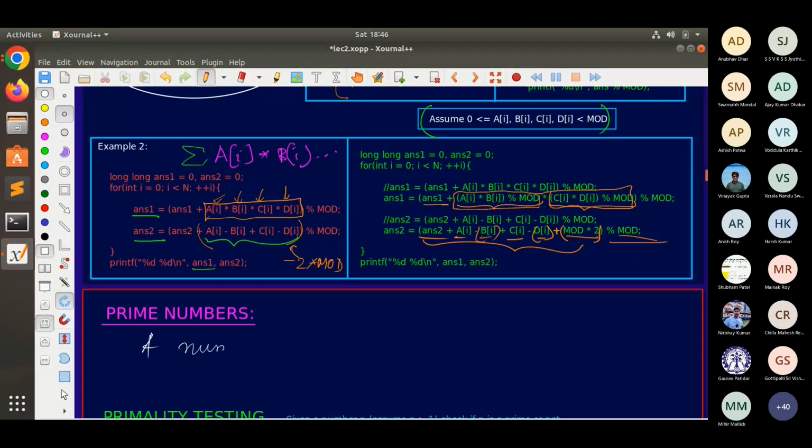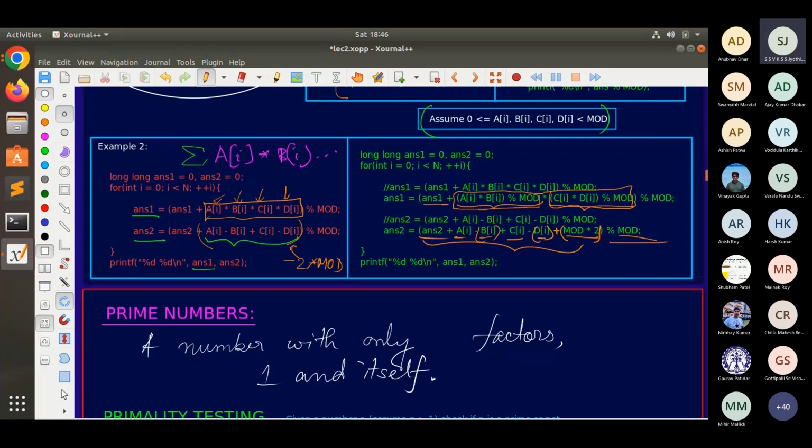With only factors 1 and itself, right? Here I think you should use the words 2 factors only, to exclude 1 as a prime. Yes. So you have 2 distinct factors, 1 and itself.